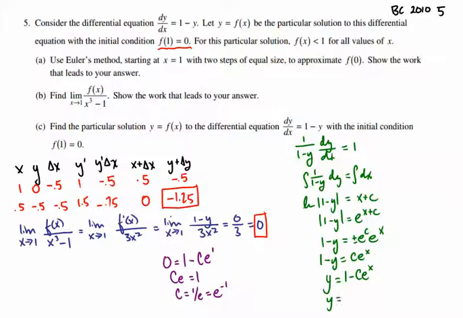Plugging back in, we get y is equal to 1 minus e to the negative 1 times e to the x. And we get 1 minus e to the x minus 1. And so that is our final value for y. y equals 1 minus e to the x minus 1.